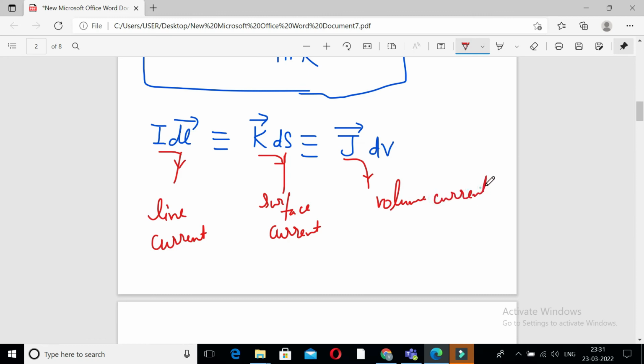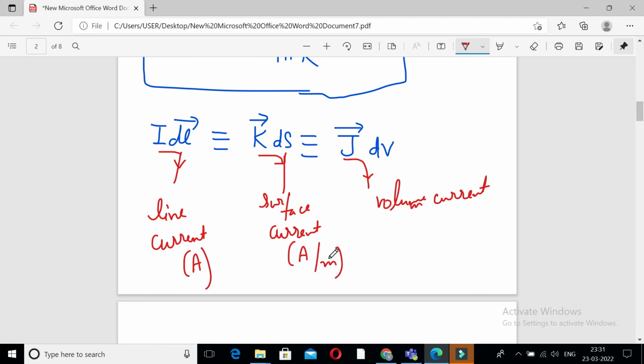What is the unit of I? We know the unit of I is ampere. What is the unit of K? Many students say the unit of K is ampere per meter square, but the unit of K will be ampere per meter. Why?